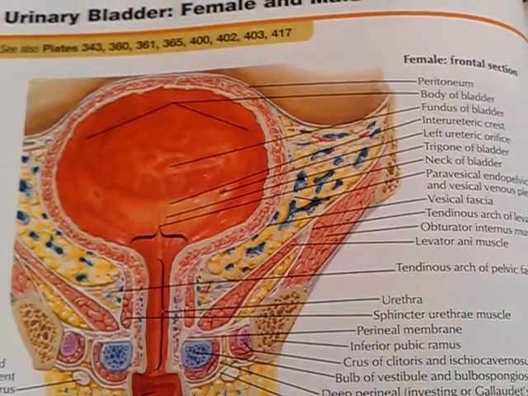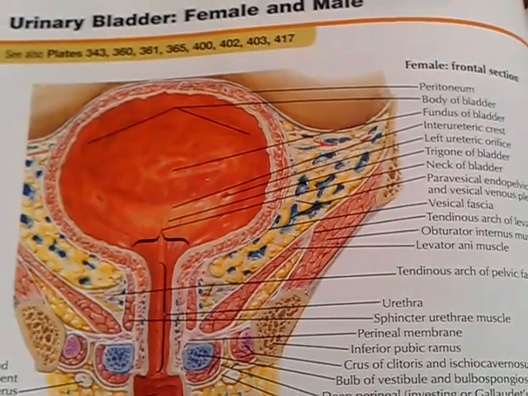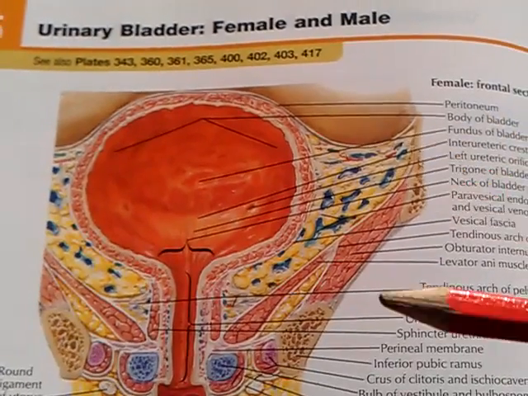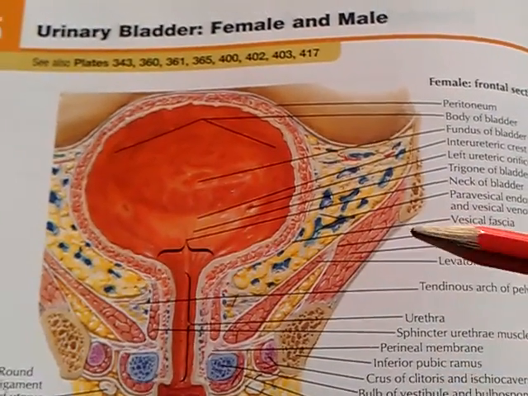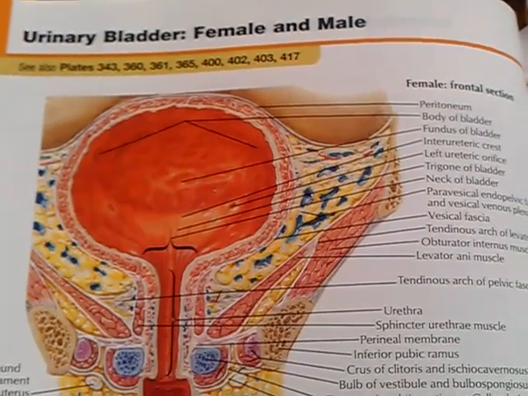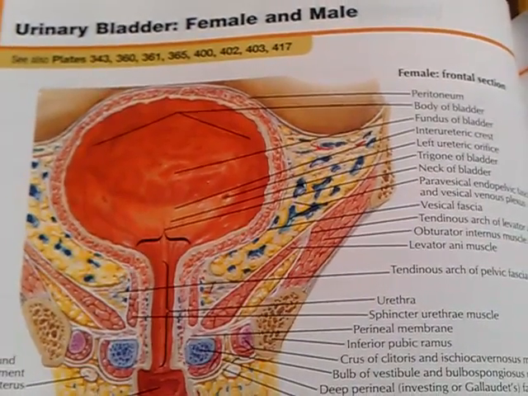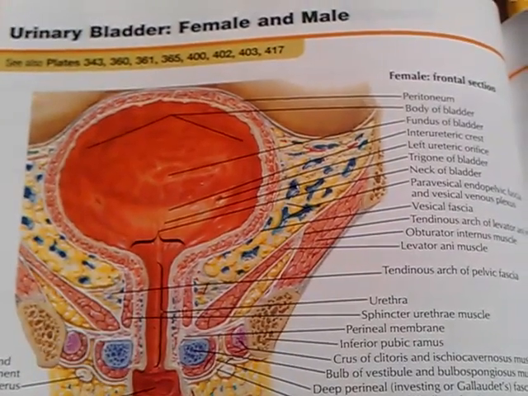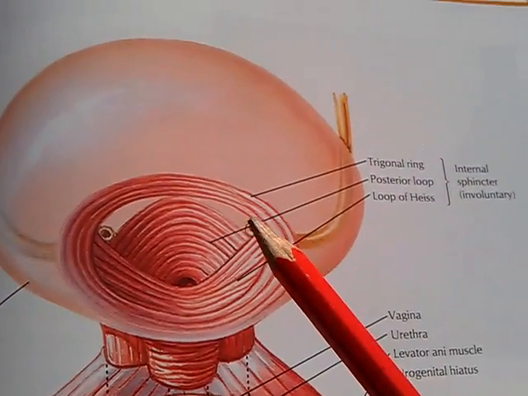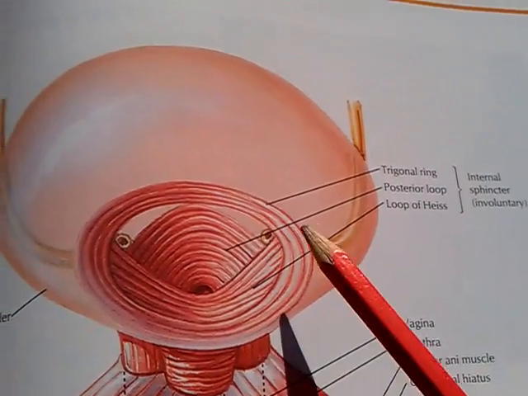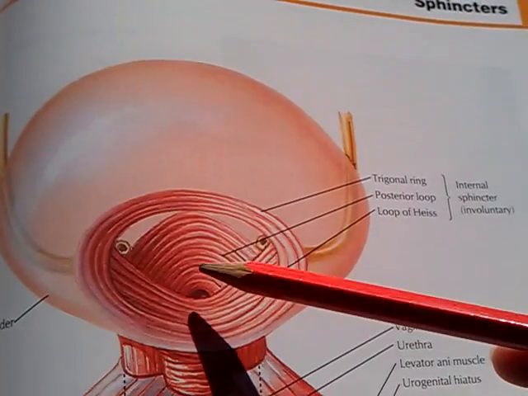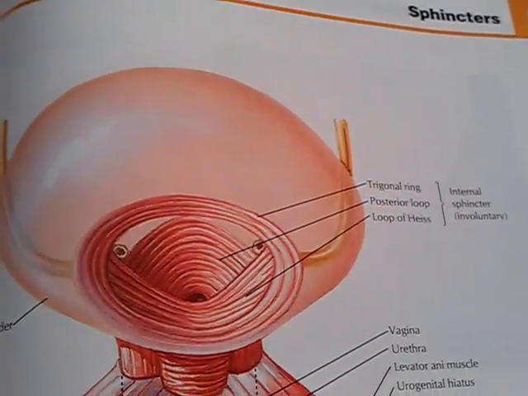The muscular coat of bladder constitutes the detrusor muscle. So the detrusor muscle is composed of 3 layers of internal plexiform, middle circular, and external longitudinal. And then you have sphincter urethrae internus, or internal urethral sphincter, which is involuntary.